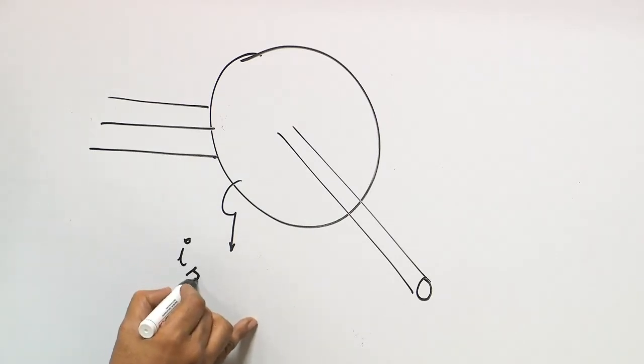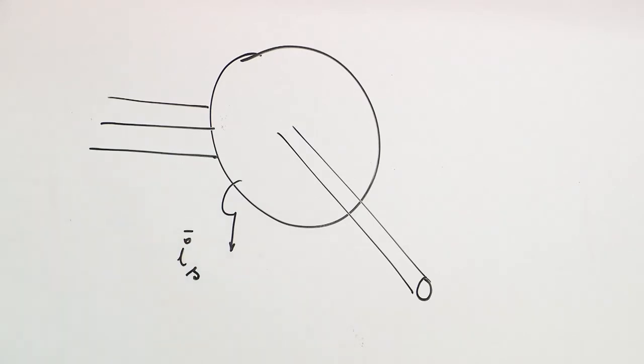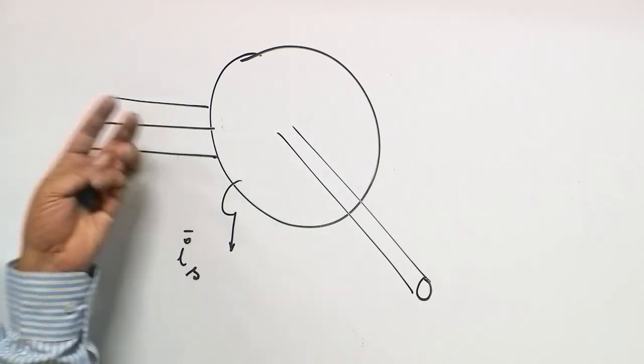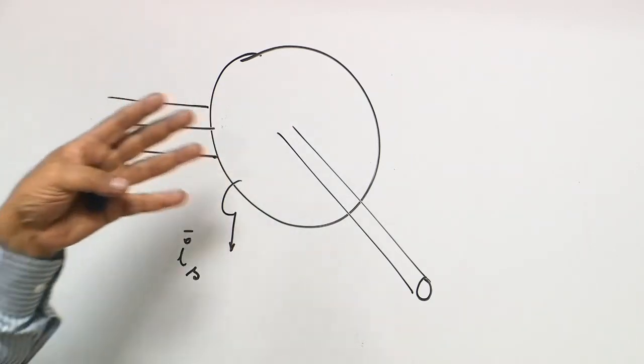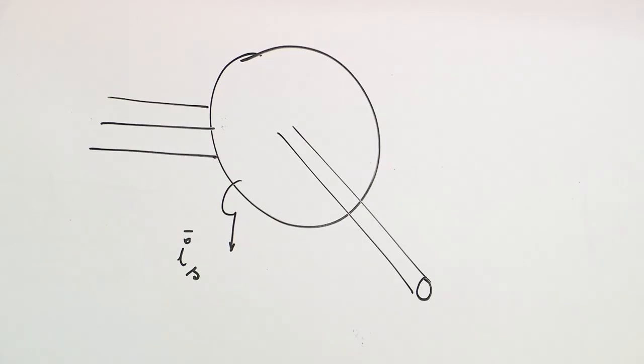I will say IS, all clubbed together, one composite vector, I will say IS, because it is flowing through the primary side or the stator side inductances. That is again energy storage.